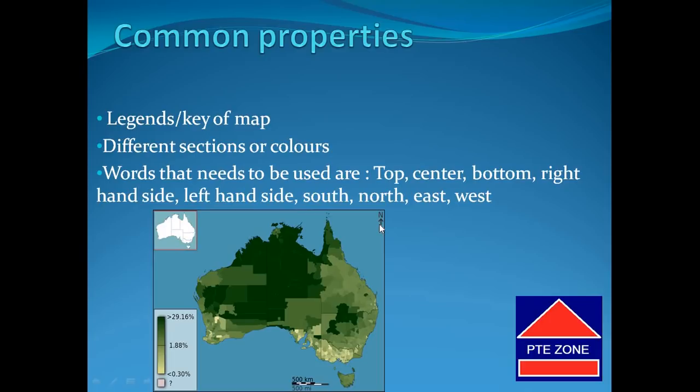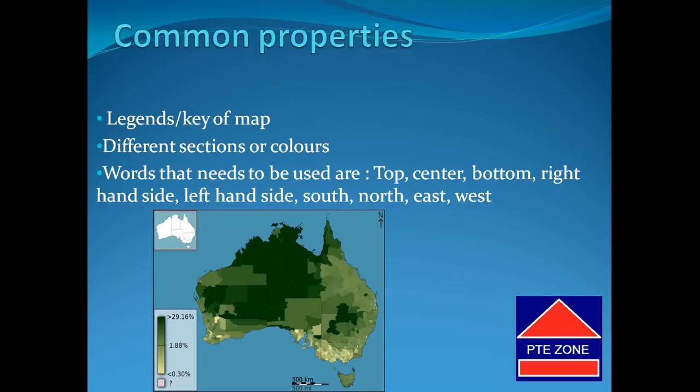So when you're dealing with map, it is important that you use words like what is the key of the map, what is the legends of the map, or what are the different colors that map is representing. Or if you're good in geography, if you are able to recognize the map, for example, if you know that it's a map of Australia or a map of Africa or a map of world, you can just say that, right?